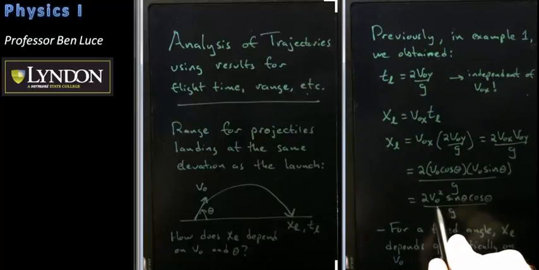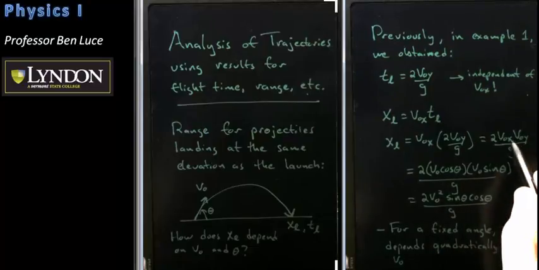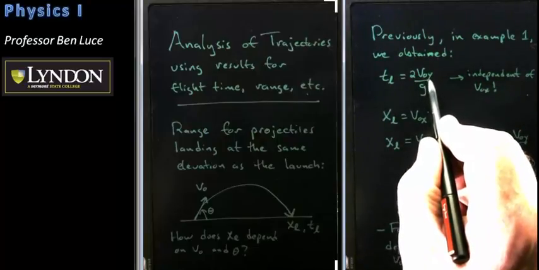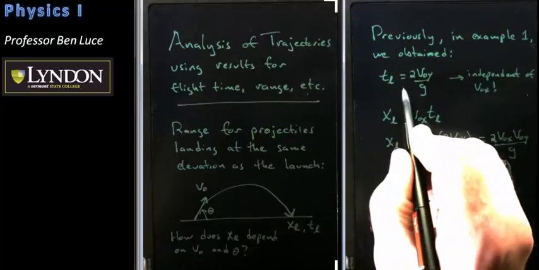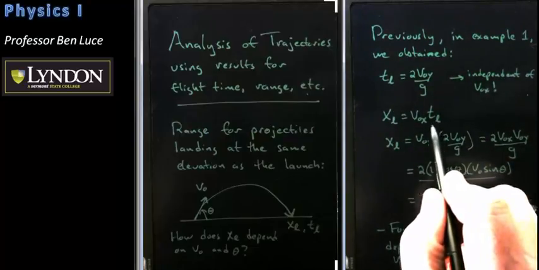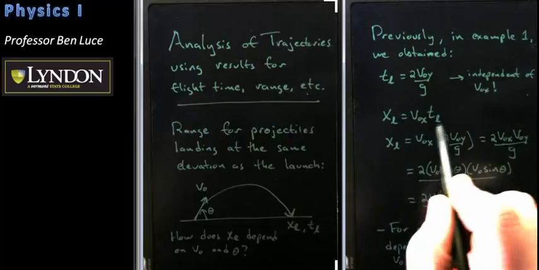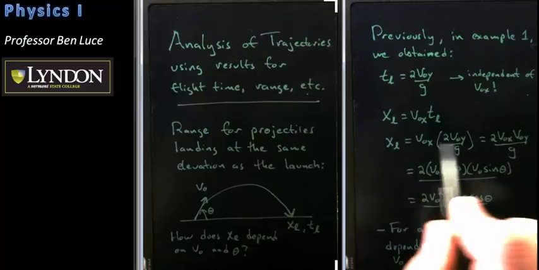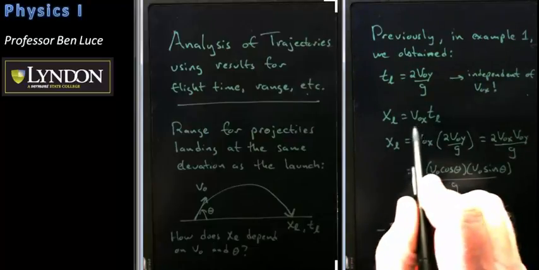If we double V naught, we'll actually double both V naught x and V naught y. And that means, first of all, doubling V naught y will double the time of flight. So for XL, we'll have double the time of flight, and V naught x, the horizontal speed with which the projectile is traveling, will also be doubled.